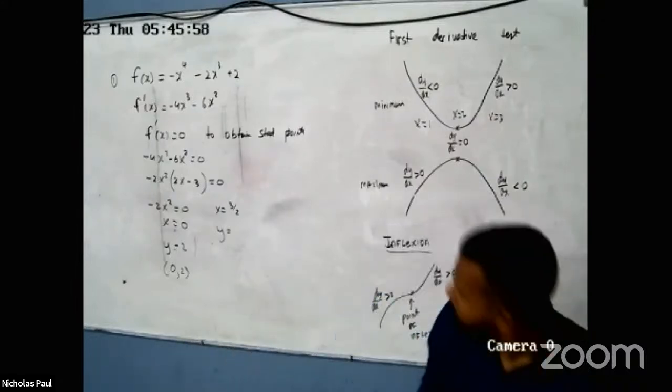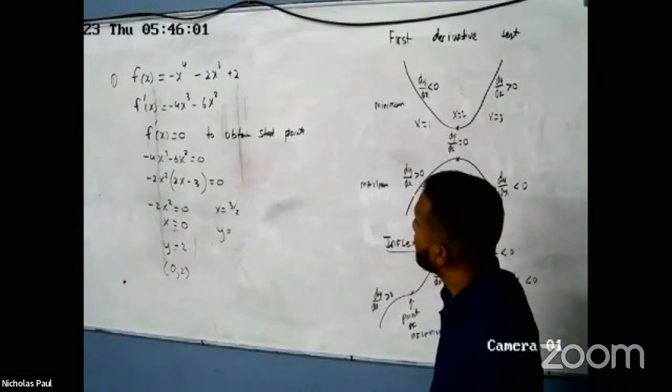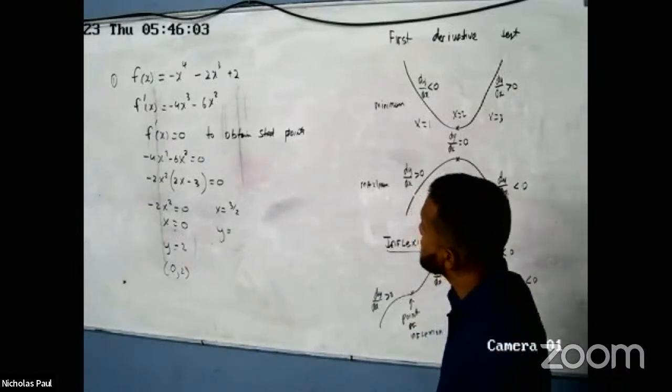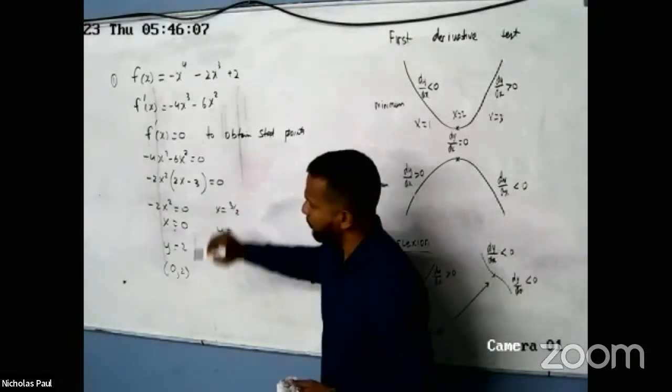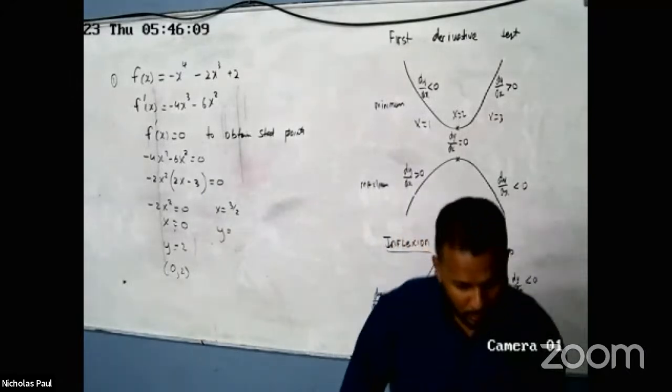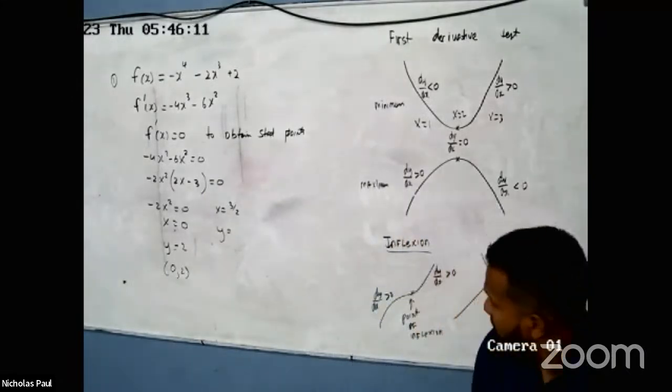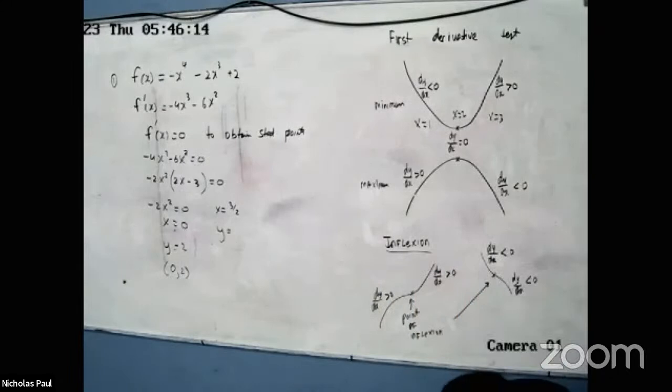So won't it be minus 3? Yes. When you carry across the 3, you'll get positive 3/2. Yeah, that's what I have there.